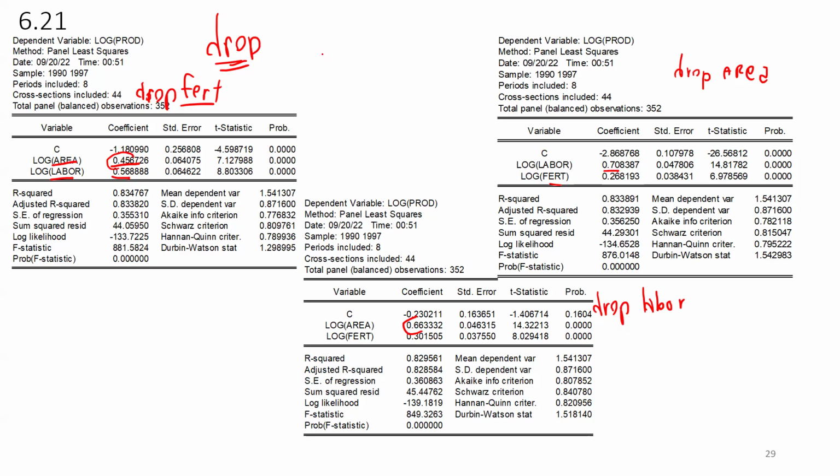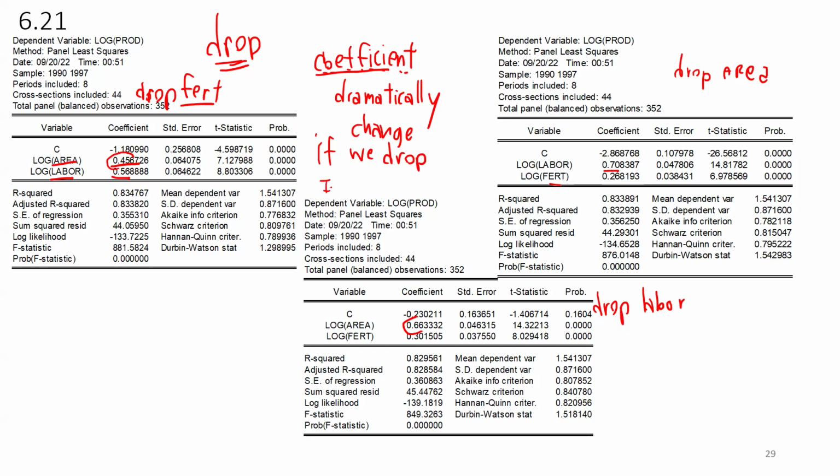So the coefficients change dramatically if we drop an important variable.